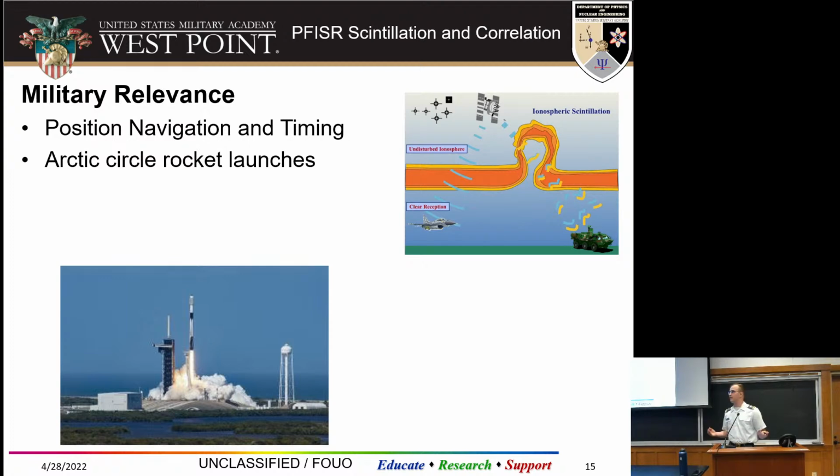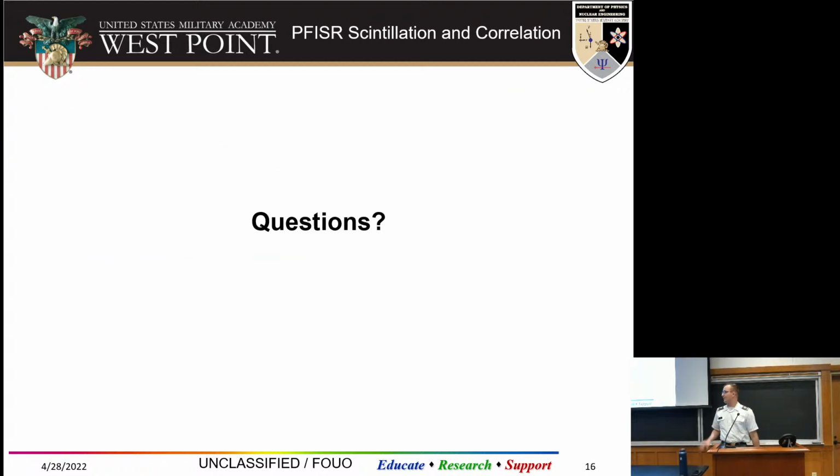Additionally, we have other effects such as the SpaceX launches a few months ago that ultimately failed, and they lost 40 satellites because they did not properly account for ionospheric conditions, which this project is aiming to have a better understanding of. I would thank Colonel Laux for advising me in all this, and pending any questions, this concludes my brief.